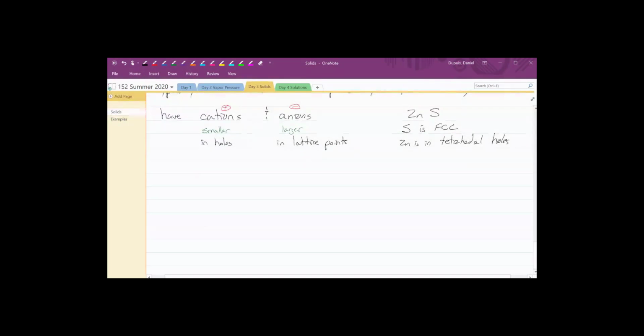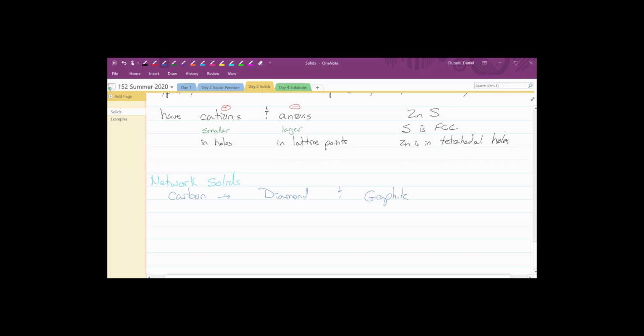Then there are the network solids that we talked about. All right, then covering networks. We got carbon: diamond and graphite.